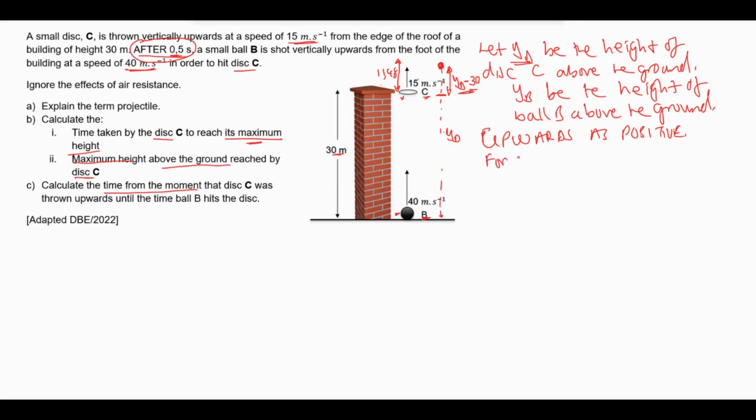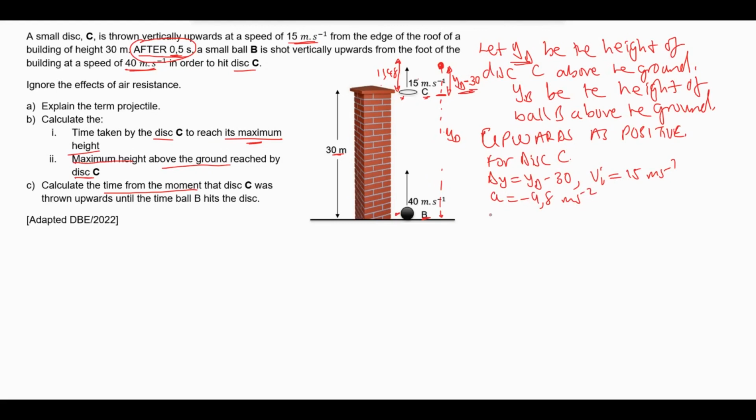For disk C, delta y is equal to YD minus 30, and then VI, we're taking upwards as positive. Initial velocity is 15 meters per second, and then acceleration negative 9,8 meters per second squared. That's what we have. We're looking for time.